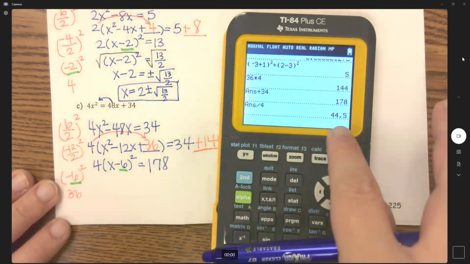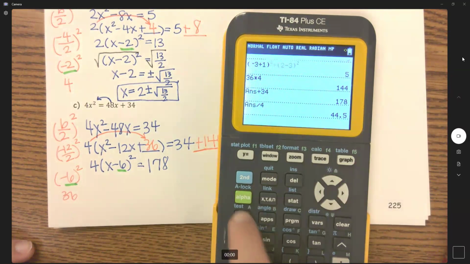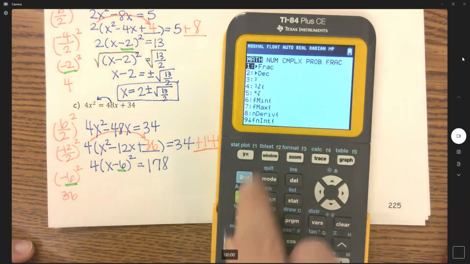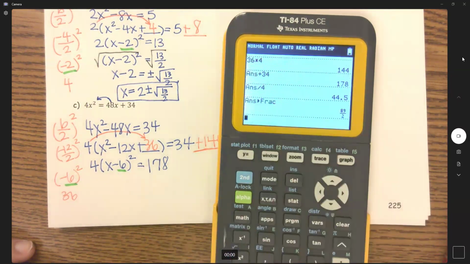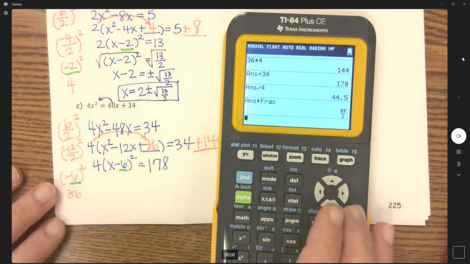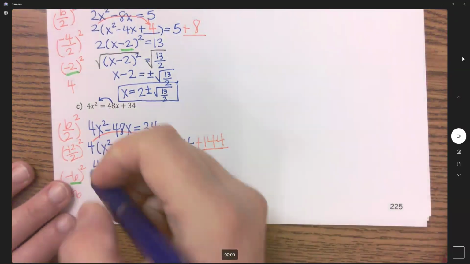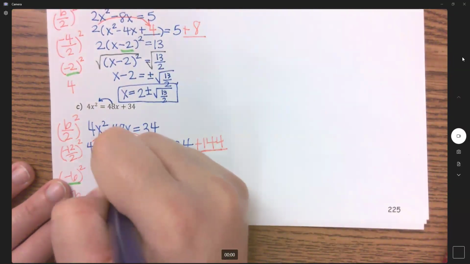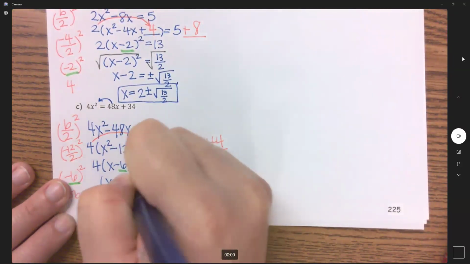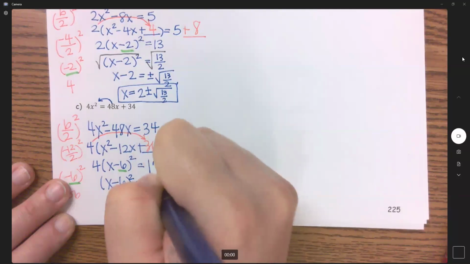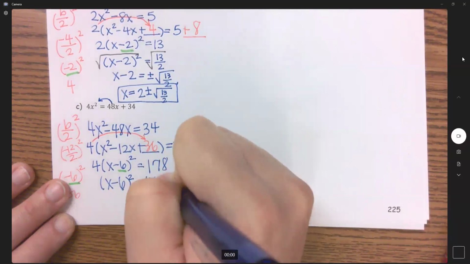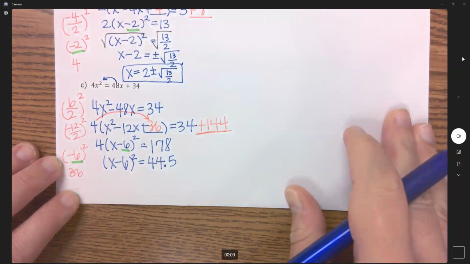You can either leave it that way, I have no problem with that at all, or hit math and change that to a fraction. We get 89 over 2, but I'm actually going to keep it as 44.5. That's way better to write than fractions.